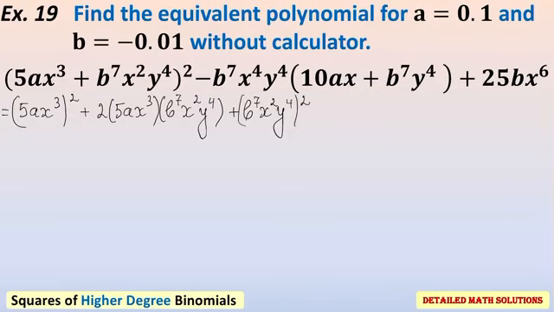For the next term, I need to use the distributive property and open parentheses. To do that, I need to multiply the term in front of parentheses with each term within the parentheses.